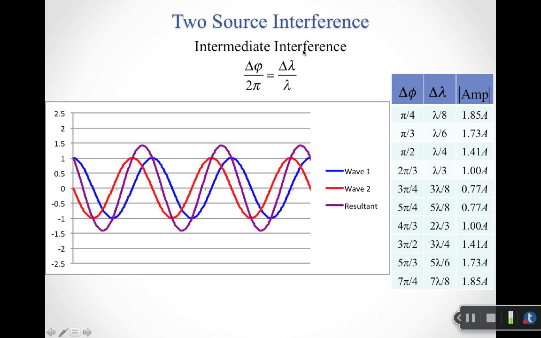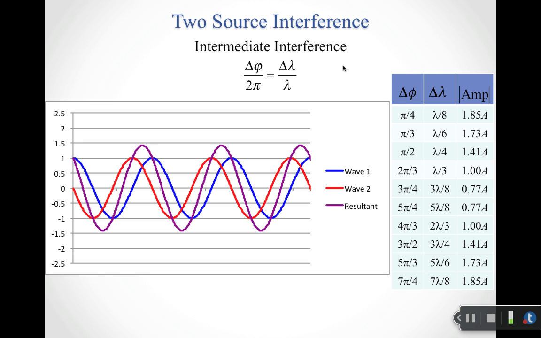So thinking about the phase difference and path difference in terms of intermediate interference can basically tell me whether my waves are mostly adding up or mostly canceling out, depending on whether I'm close to a phase difference or a path difference value that corresponds to constructive interference. If I'm close to one of those, they'll be mostly adding together. Or if I'm close to a value that corresponds to destructive interference, then they'll mostly be canceling out.